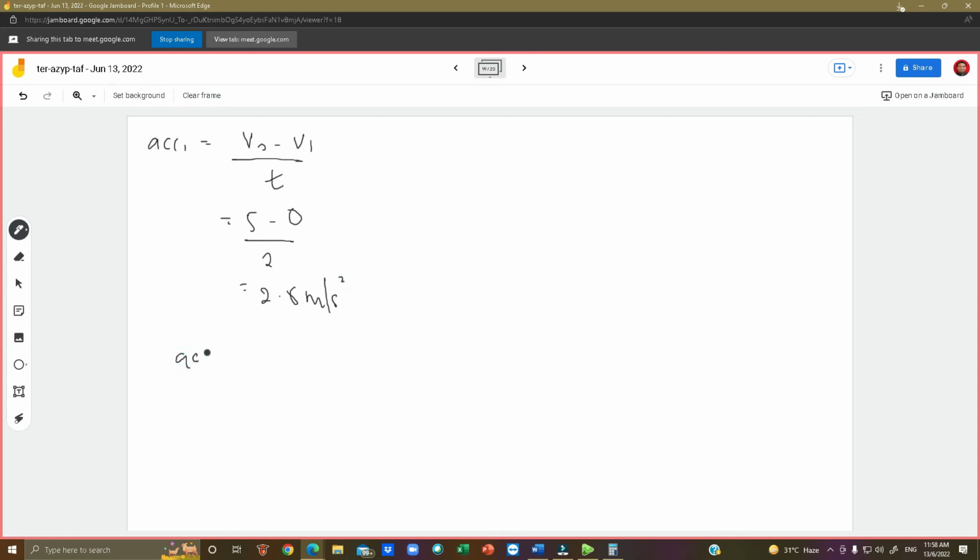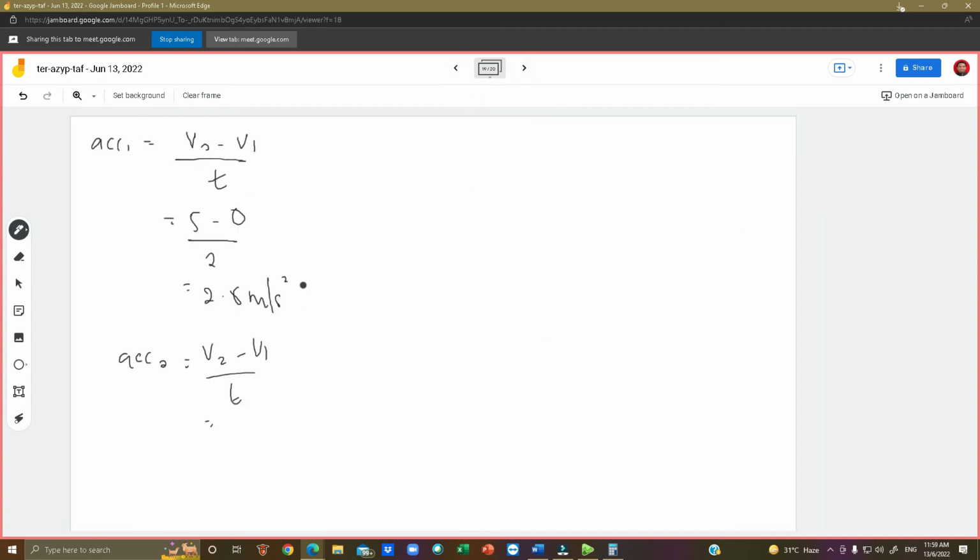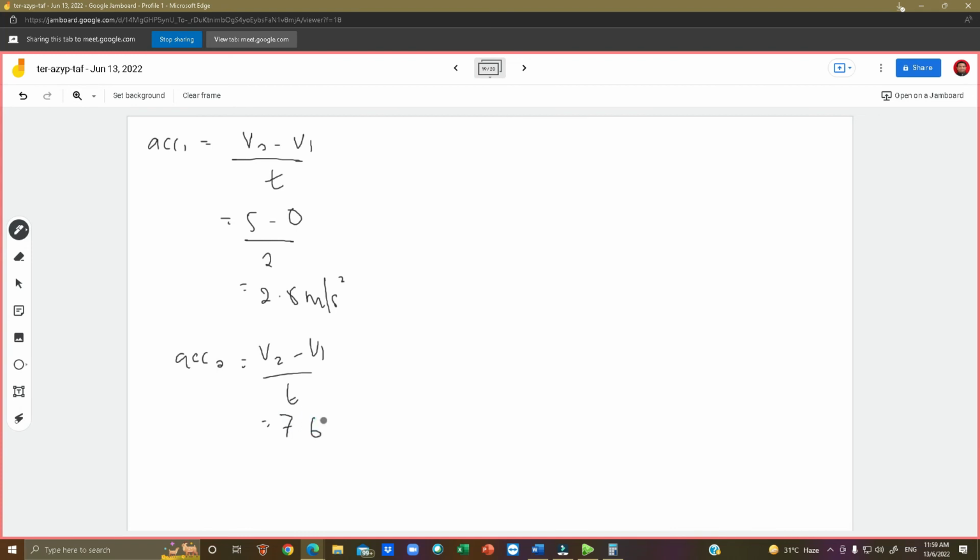Okay, acceleration 2. V2 minus V1 over time. Now V2 is here, 7.69 minus V1, 5. 7.69 minus 5 over the time taken for the second section.